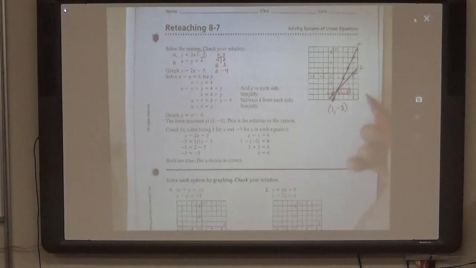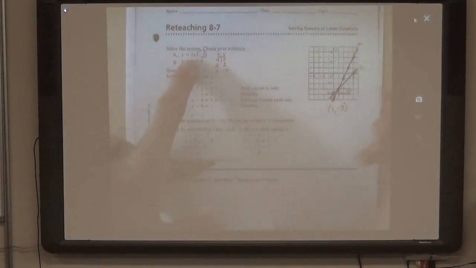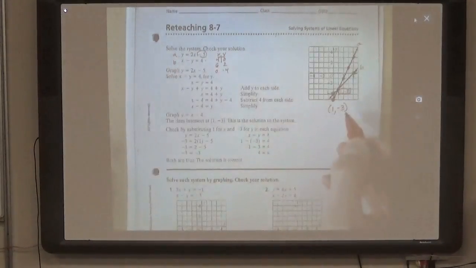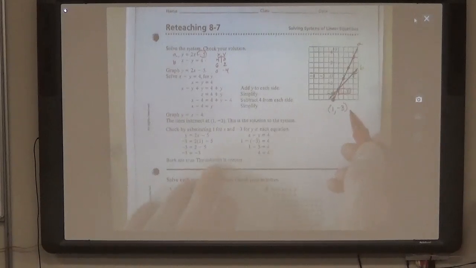Let's check it. So if we put 1, negative 3 into the first equation, here's where it shows that. Here's 1. 2 times 1 is 2. Minus 5 is negative 3.